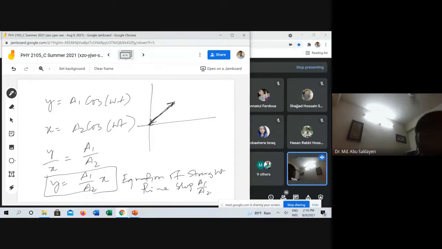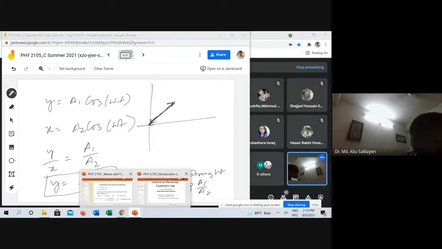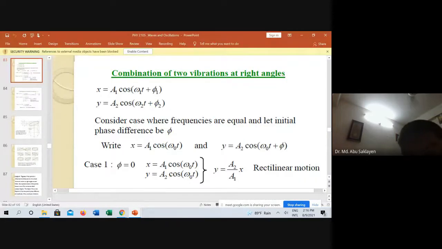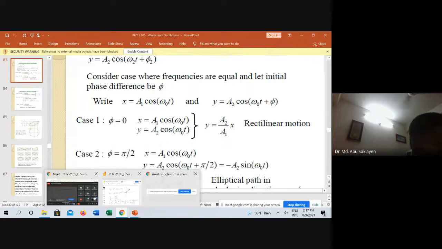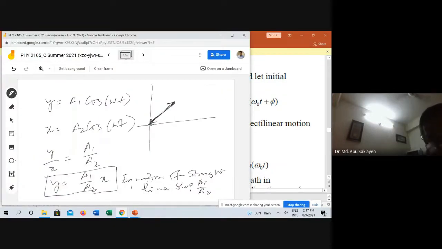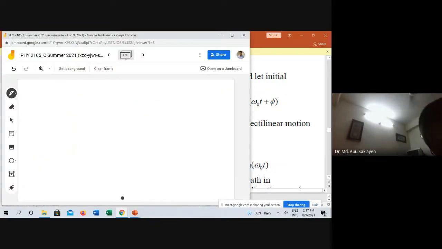So if we consider different phase angle, like case 2, the phase is pi by 2. How do you think what it will be? If phi equal to pi by 2, case 2, what do you think?